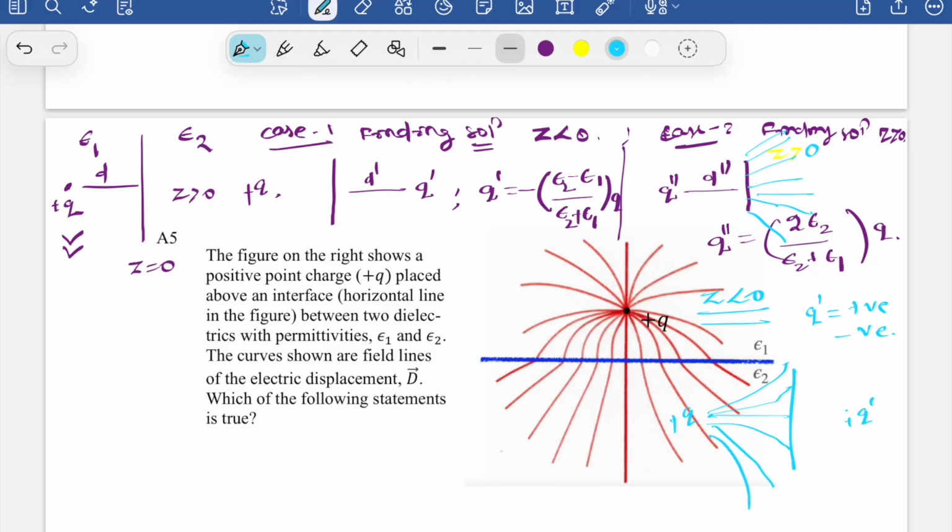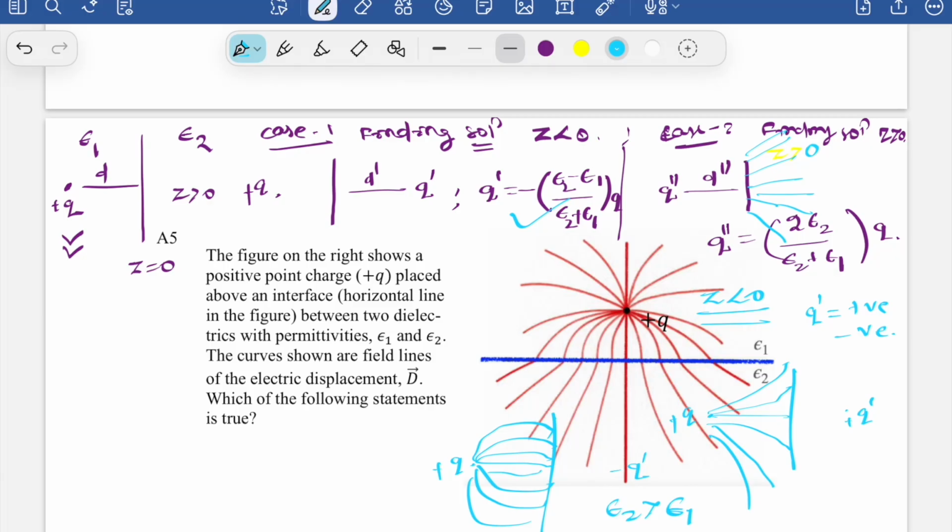However, if the charge is negative, you would expect the field line to attract, and it would look like this. This is only possible, the induced q prime charge being negative, when, as you can see from this formula, epsilon 2 is greater than epsilon 1.